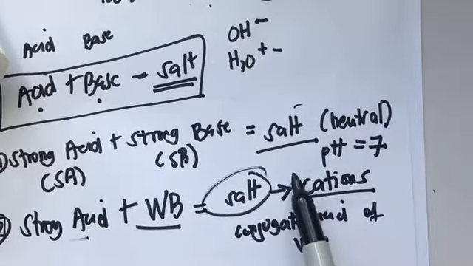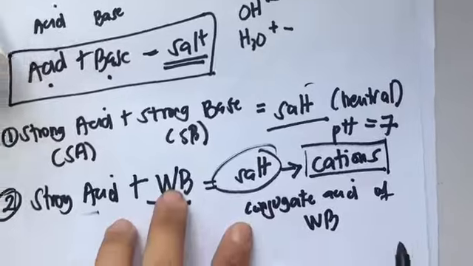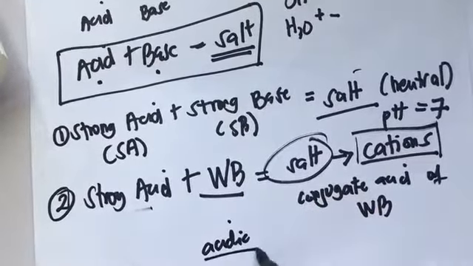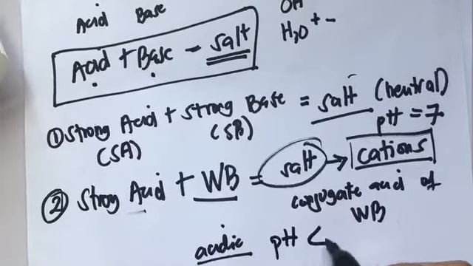This means that when it releases a cation, our resulting solution will be acidic with a pH of less than 7.